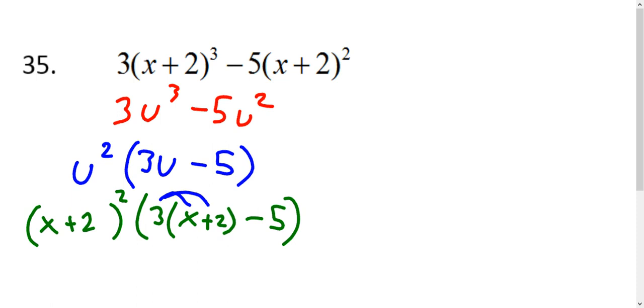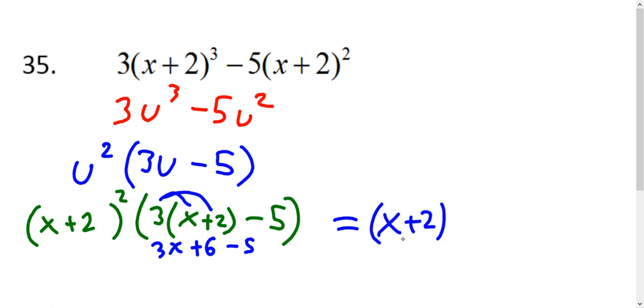This can be simplified if we distribute. We get 3x plus 6 minus 5. So we can rewrite this as x plus 2 squared, and then 3x plus 1.